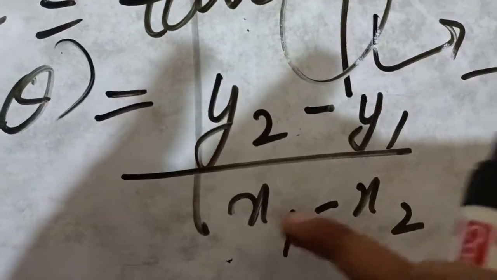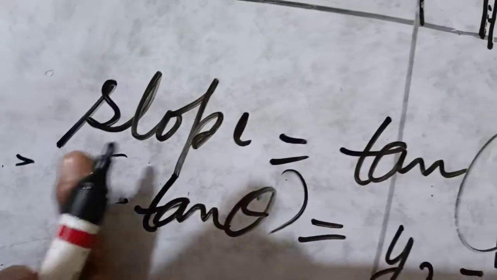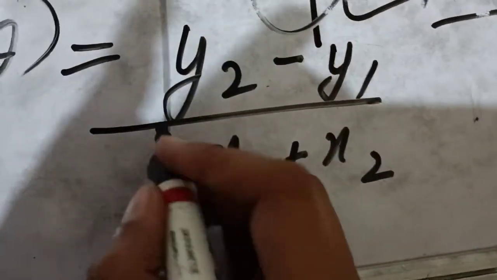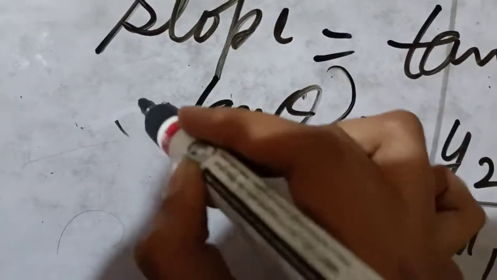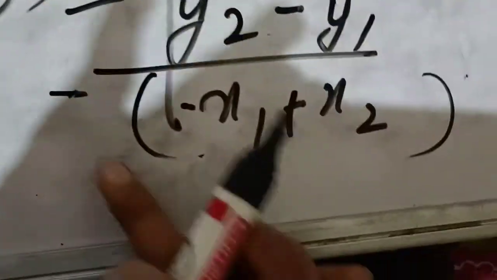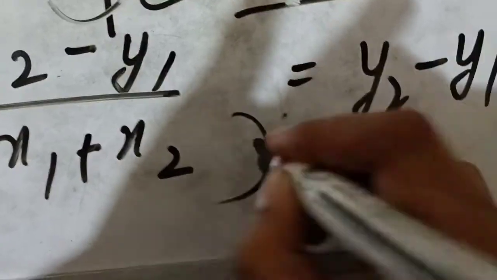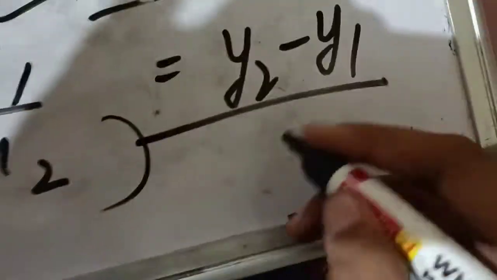Also you can take negative common, you will get a positive here, negative here, and that means this will be equal to y2 minus y1 divided by x2 minus x1.